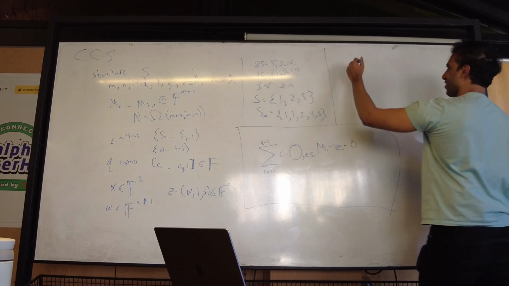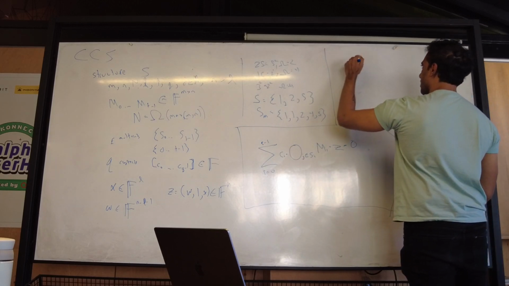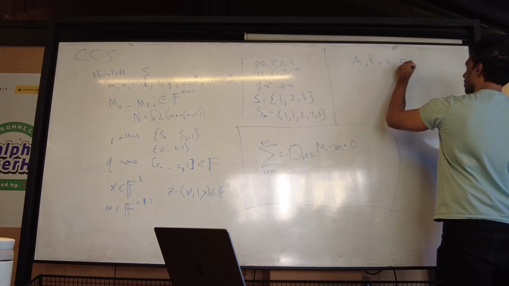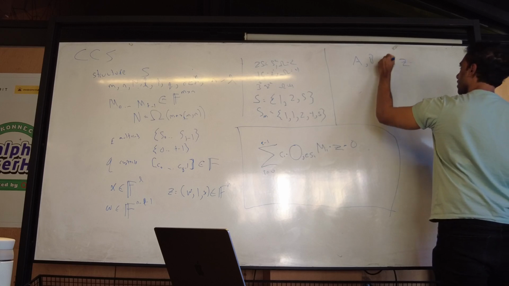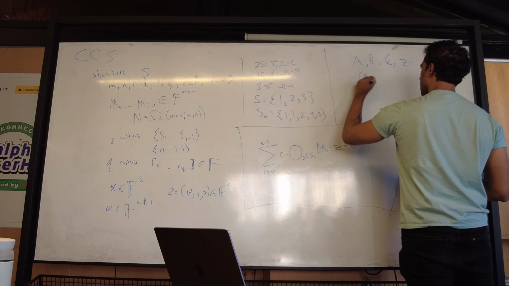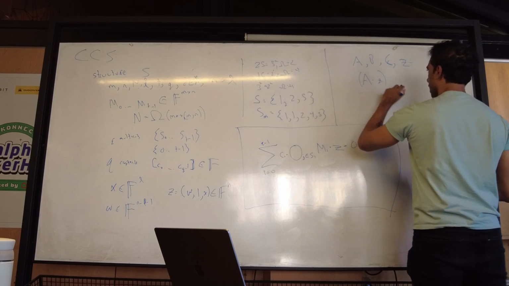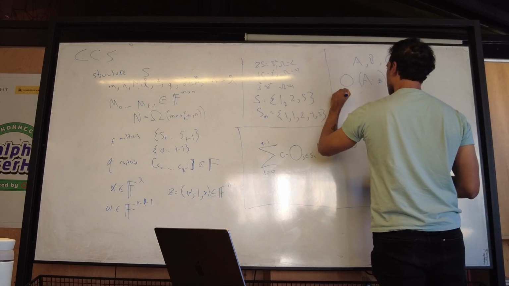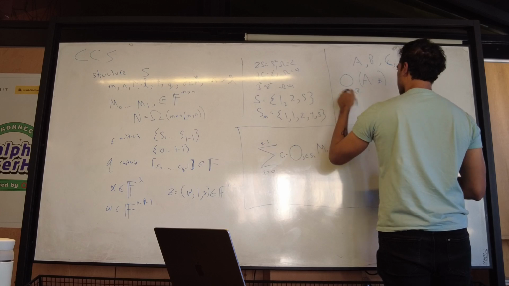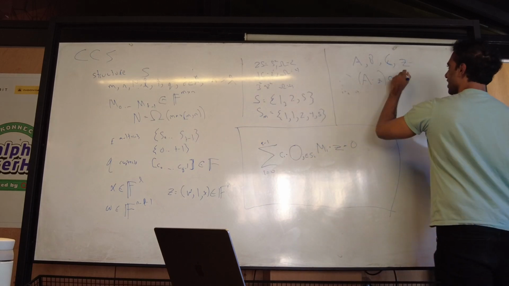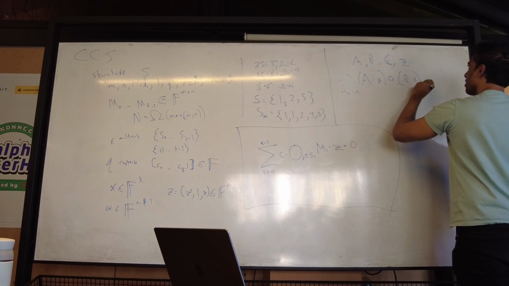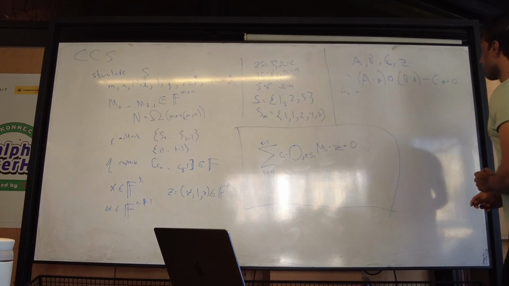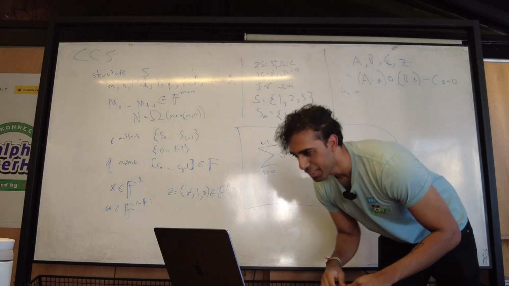So what's R1CS? As many people know, you have matrices A, B, and C, and an input vector, same notation, Z. R1CS simply says A times Z, Hadamard product B times Z, equals C times Z. So how is this equivalent?